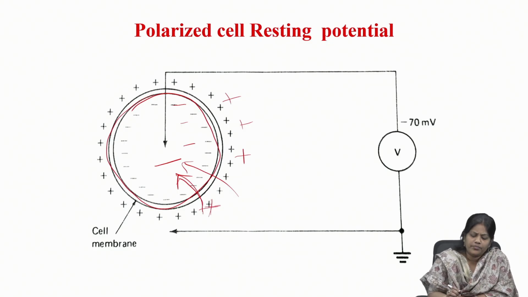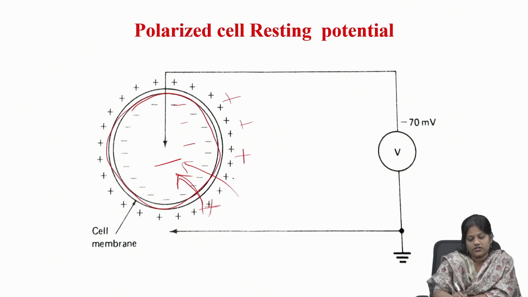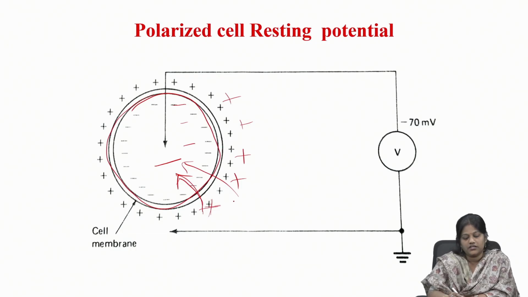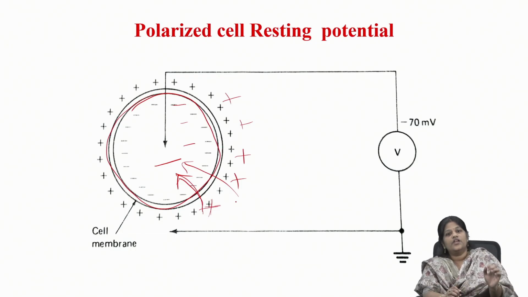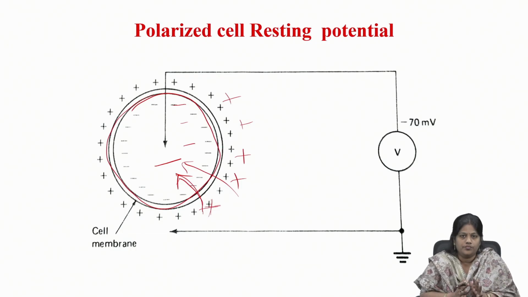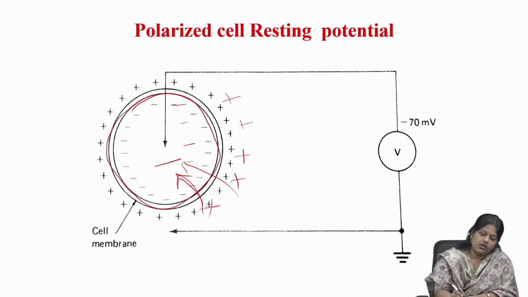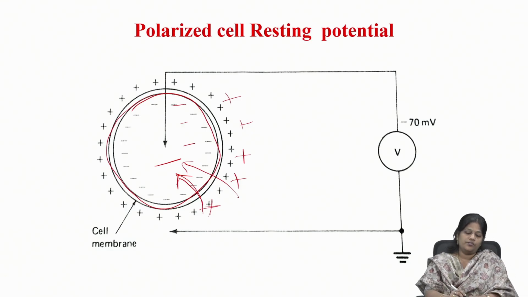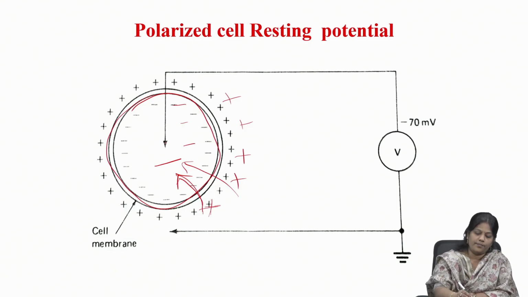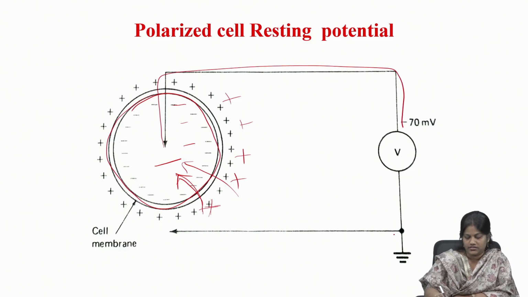By applying some amount of external energy, the ions get equalized inside and outside the cell. That is what we call equilibrium. Whenever the ions reach the equilibrium state, some amount of voltage is generated across the cell.